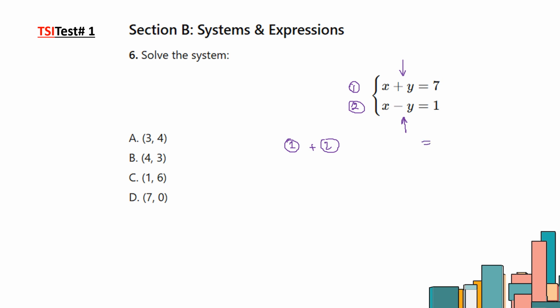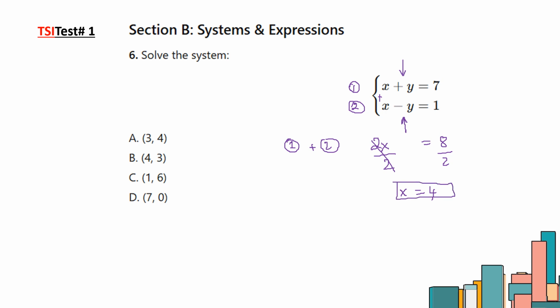Okay, so x plus x is 2x, y minus y is 0, and 7 plus 1 is 8. So we solve for x, we divide both sides by 2, and we have x equals 4.